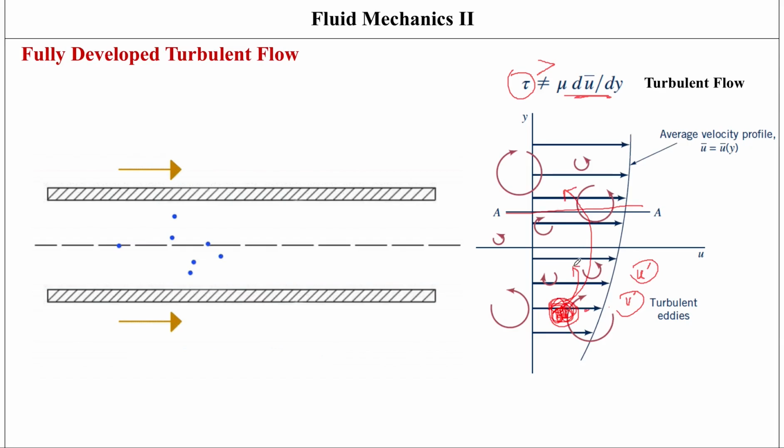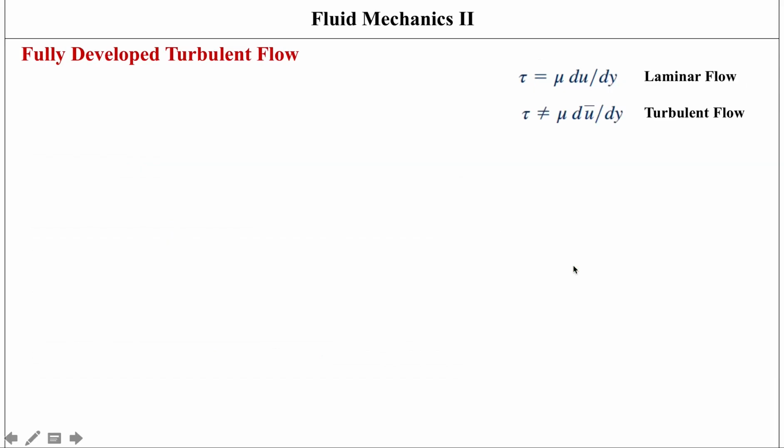Okay, so in other words, because I said that the turbulent shear stress is a lot higher than just this one, I can write this turbulent shear stress in terms of this value plus some additional value, okay? And this value I already know.